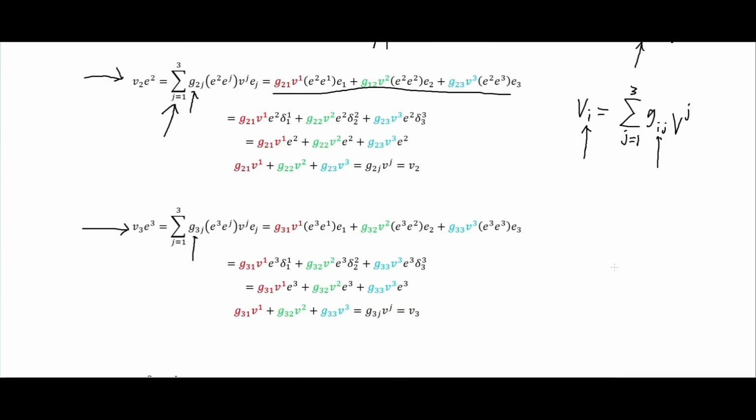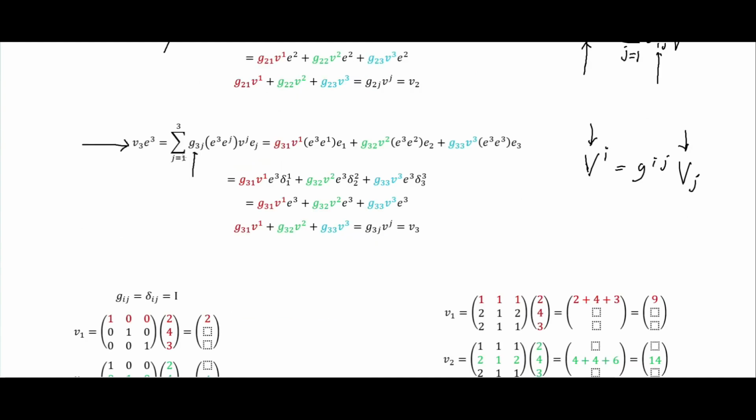And you could do the same thing if you wanted to go to, so if we had v^i, that would be g^ij v_j, and so this is just switching back from the covariant to the contravariant components. And so yeah, that is doing it for a vector.